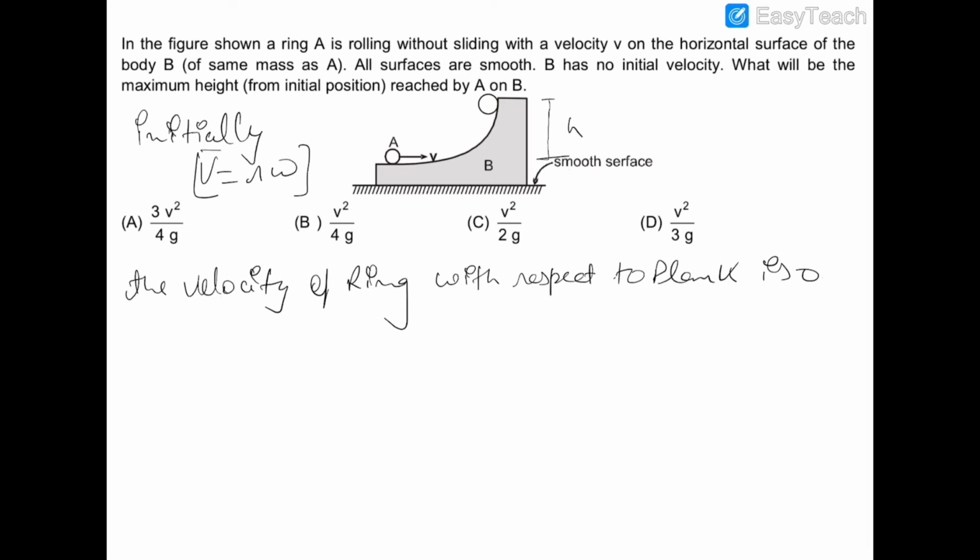And let's suppose that this combined system is moving with some velocity v in this horizontal direction, because momentum should be conserved.